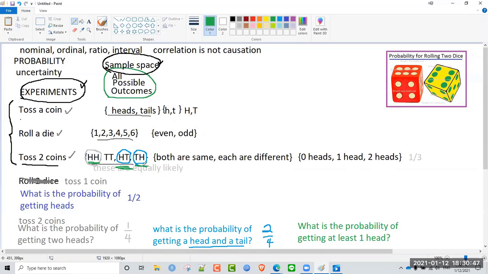Okay. So how many ways are there of getting at least 1 head? 3 ways. 3 out of 4 equally likely cases. So it's going to be 3 out of 4, right?